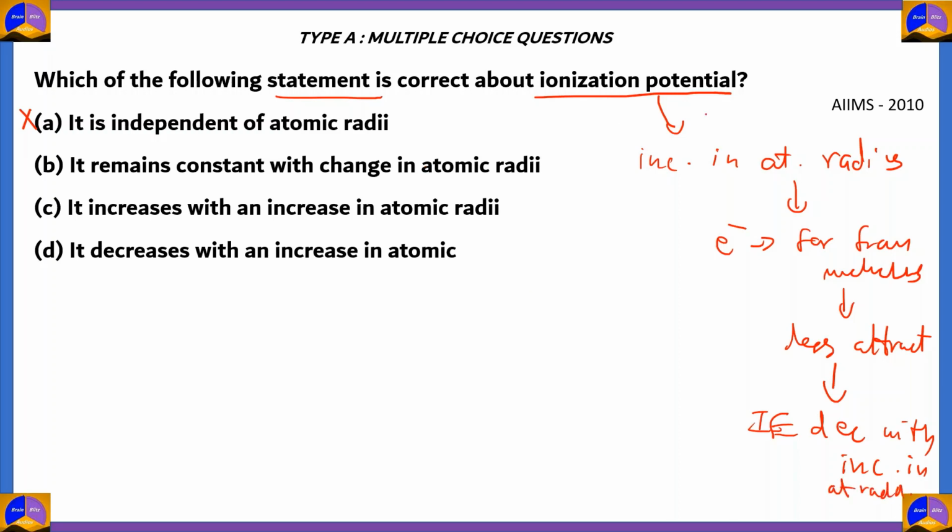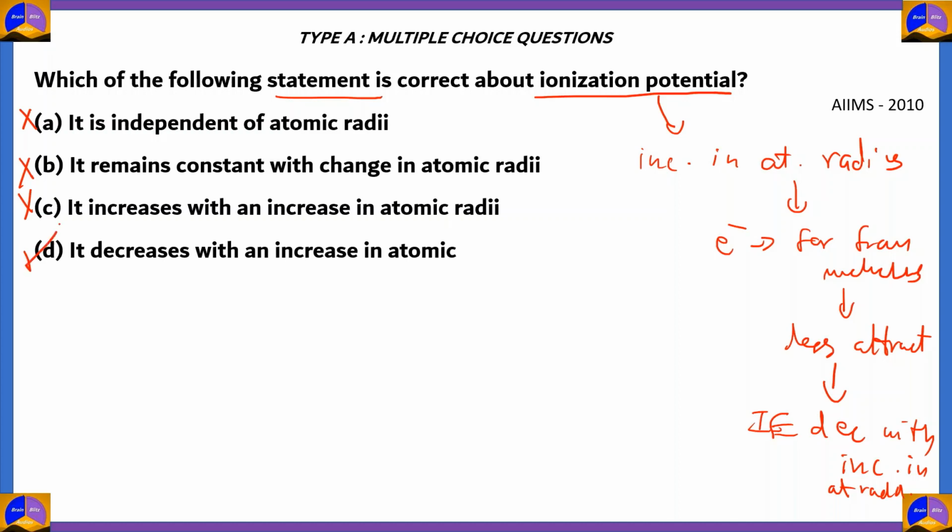So this analysis will also disprove the statements B and C, because they are also not true. B says that it remains constant, whereas it does not, and C says that ionization potential increases as we move away from the nucleus, which is also incorrect.